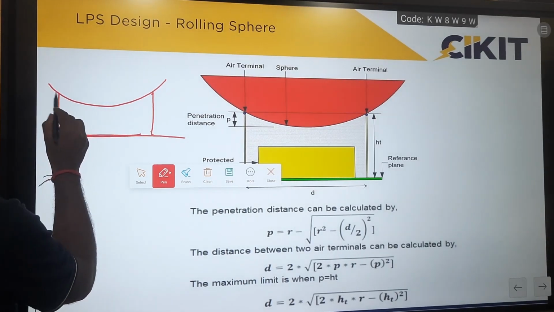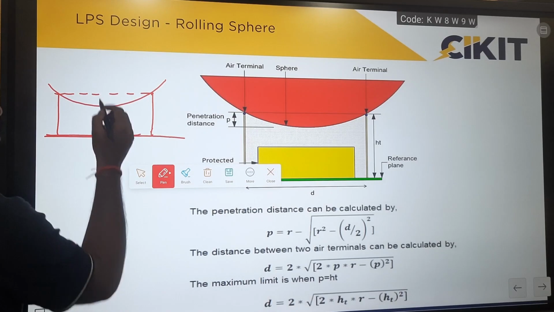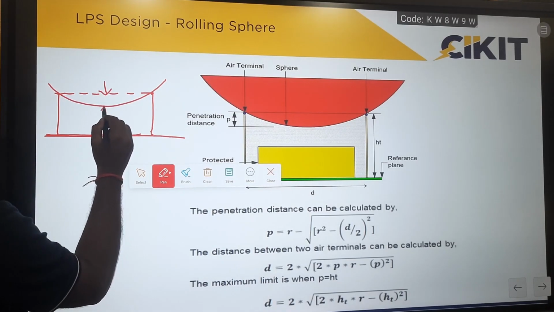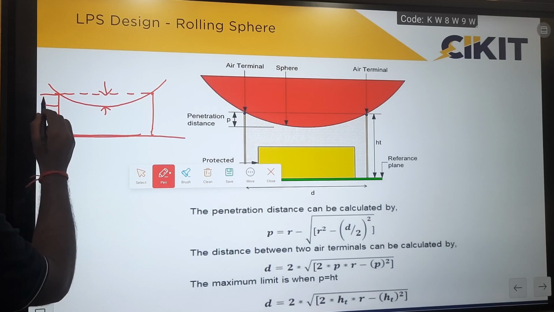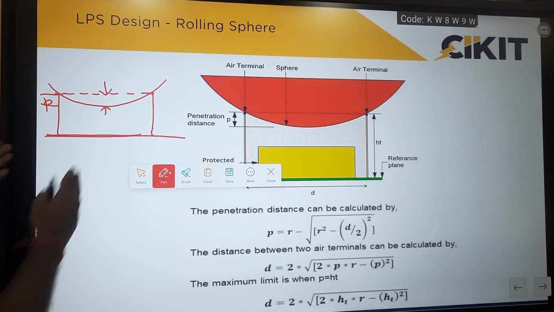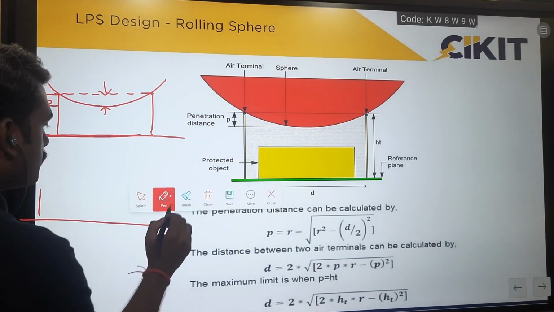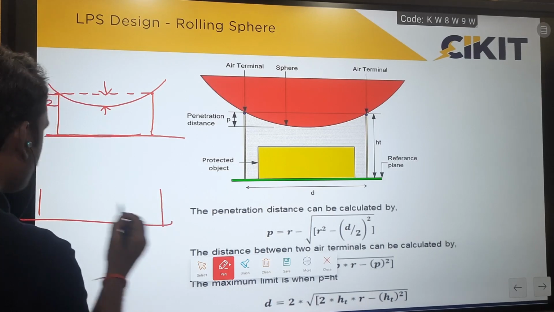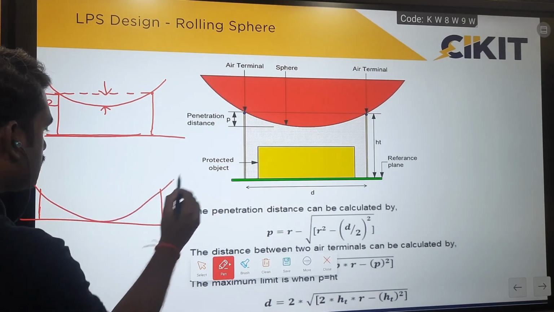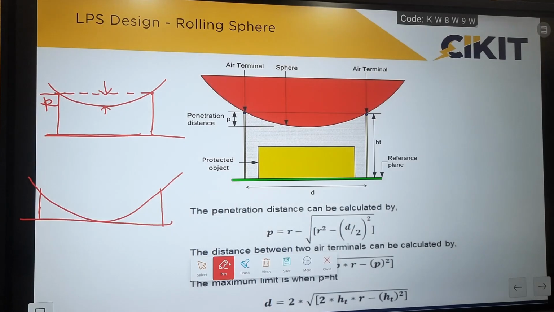The portion of the sphere which comes below will be considered the penetration distance P. If I increase this distance further, at one point the sphere will make contact with the structure to be protected. So as I increase the distance between the air terminals, the level reduces, and at one point the sphere will touch the structure.